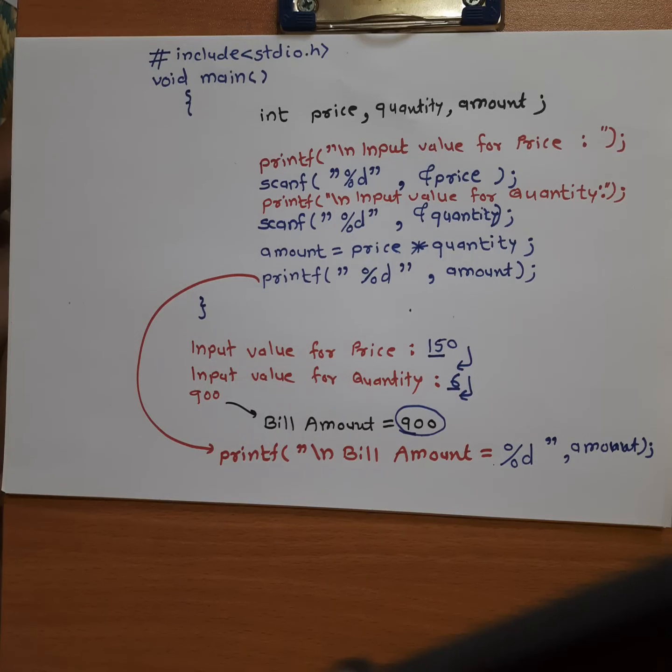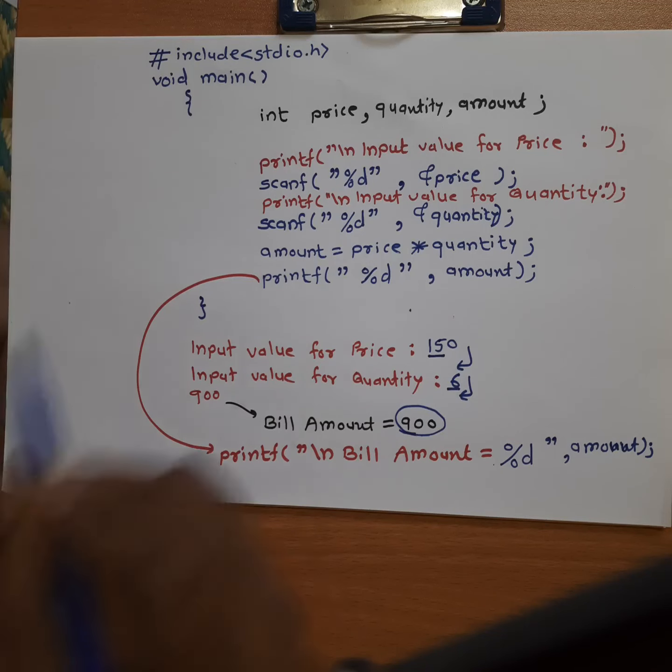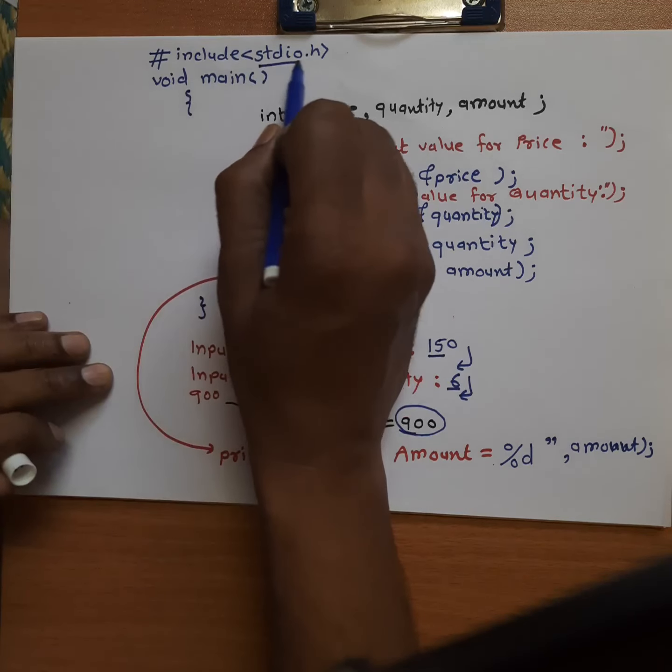The variables which we are using in our program, we have to declare immediately after the curly bracket. Now we are not declaring printf and scanf because printf is referred to as the output statement, scanf is referred to as the input statement, and to handle the input and output statements used by the programmer in the program, the compiler takes help of this file, that is stdio.h.